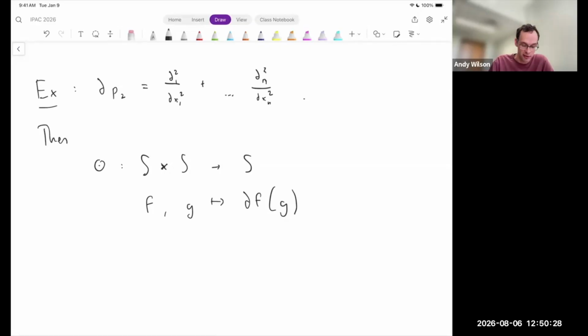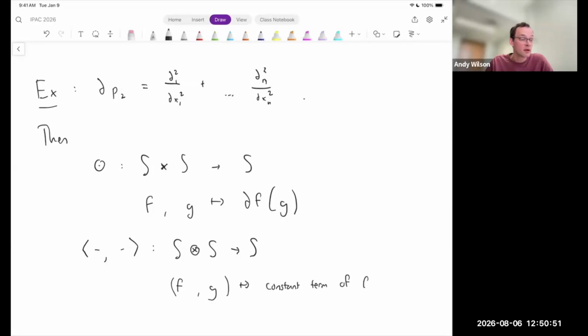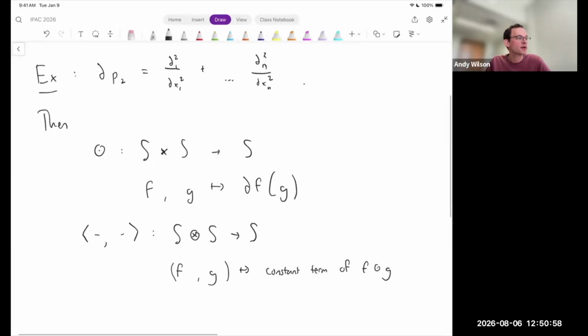And then we also get a bilinear form where, given f and g, you send it to the constant term of this f as derivatives on g, and you find the constant term there, right?